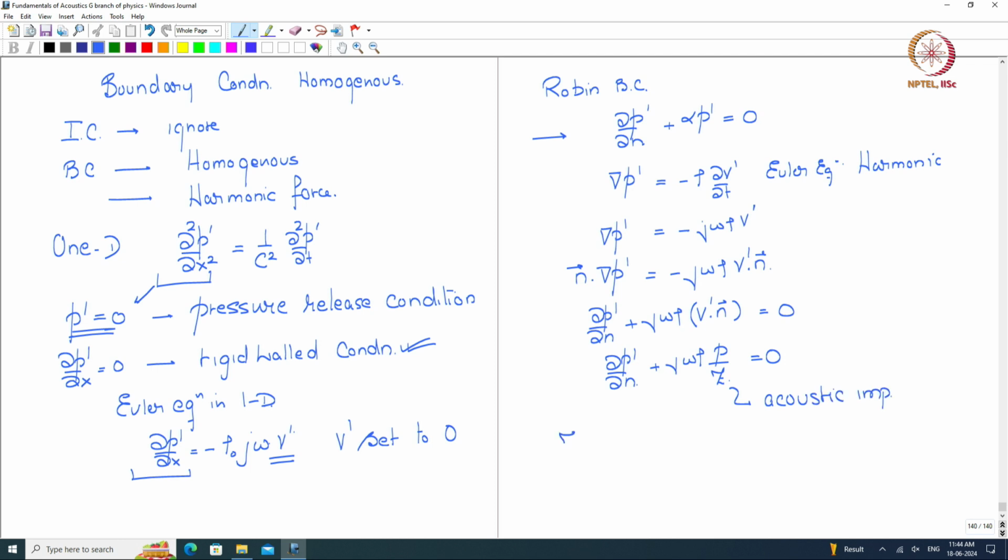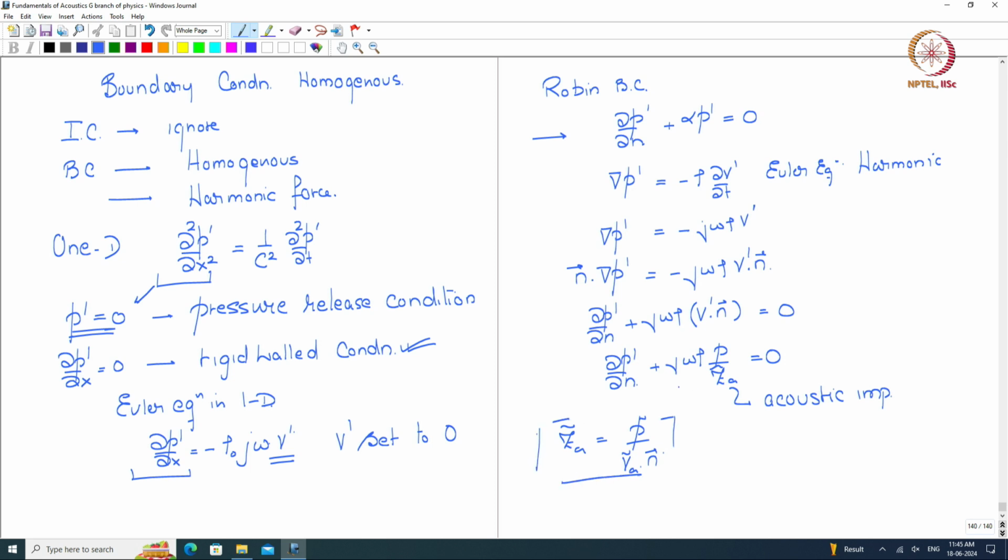And what is acoustic impedance? We typically write it with a Z and a tilde, a complex number, which is pressure divided by velocity dotted with n in a particular direction. This is my acoustic impedance.